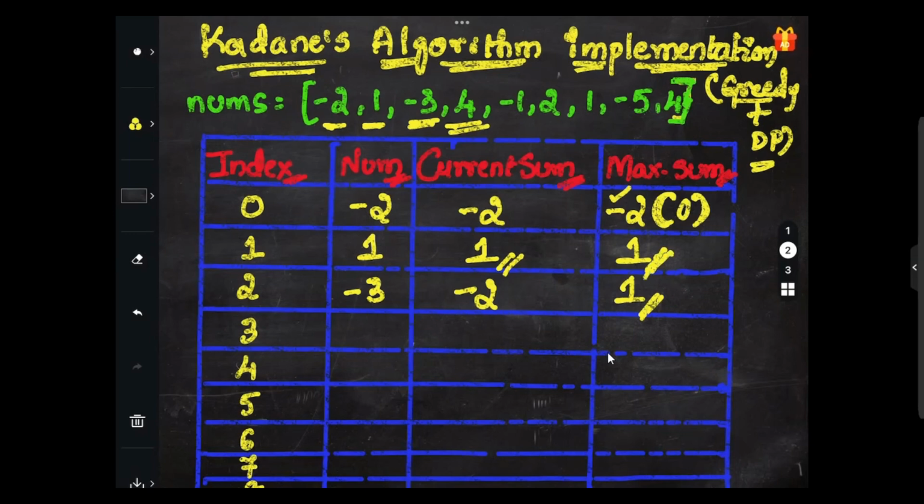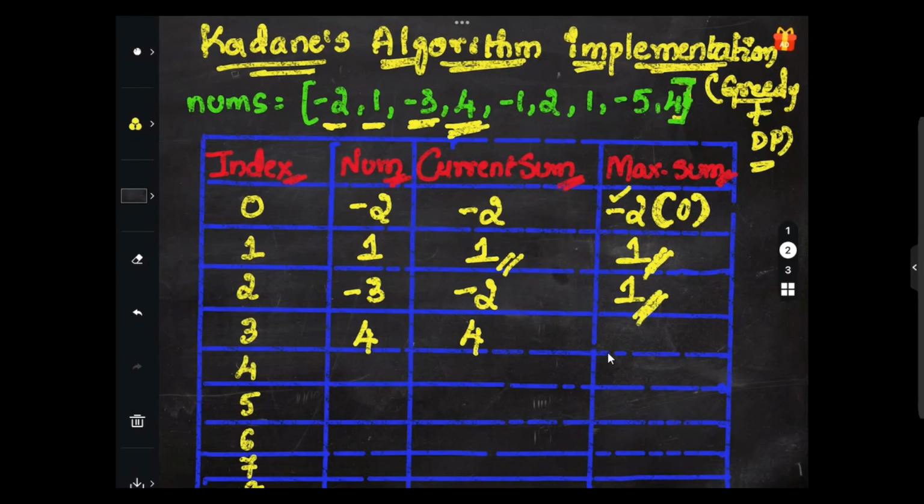Fourth one, we will be considering 4 here. So this will be 4 plus the reset current sum, so we consider only 0 in this case. 4 plus 0, the current sum is 4 itself.